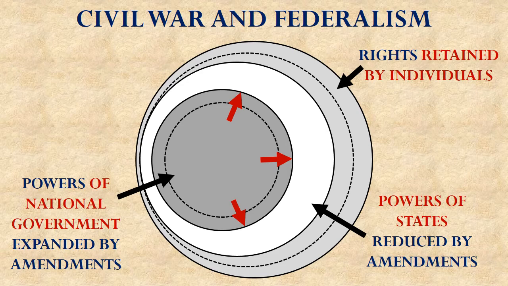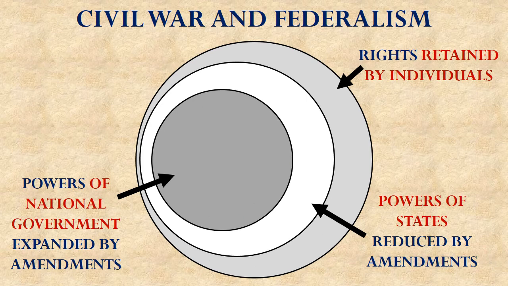Instead, it was, in a sense, the national majority represented in the national government, forcing its views on the minorities within the states. When I say minorities, I don't mean racial minorities, I mean numeric minorities in the southern states, and requiring them to give up power that they otherwise would not have wanted to give up.